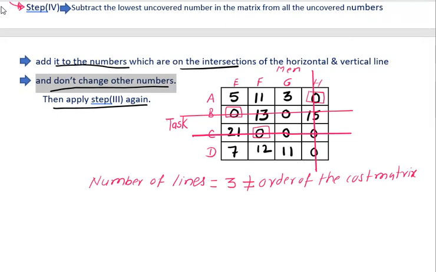That is, 3 is not equal to 4. So what is the procedure if you don't get an optimum solution in the third step?